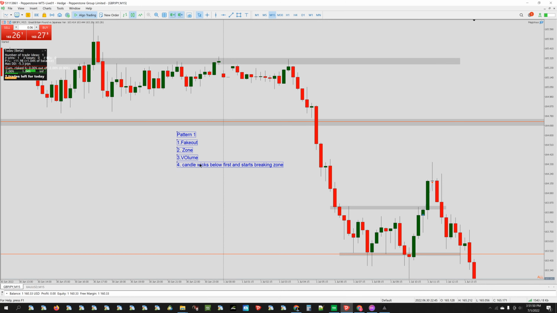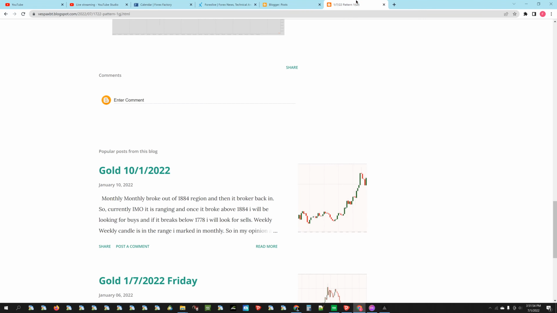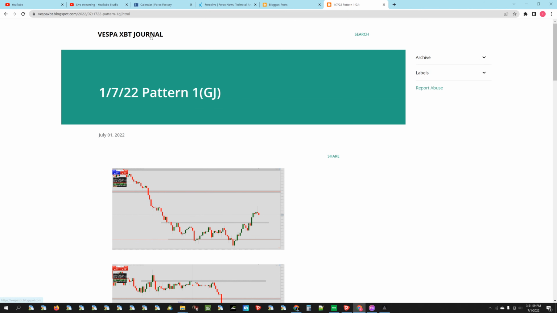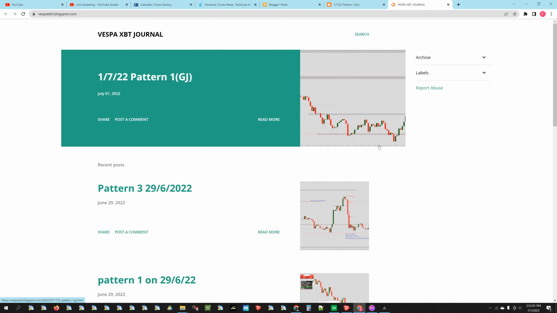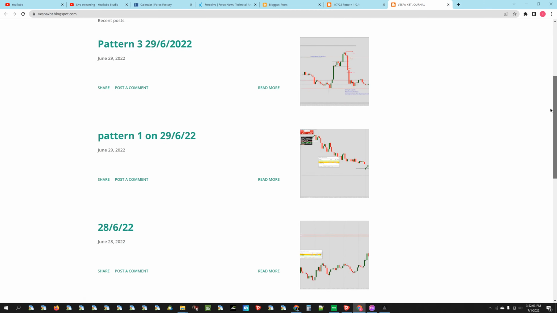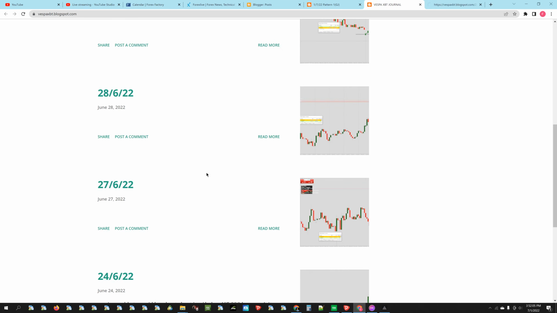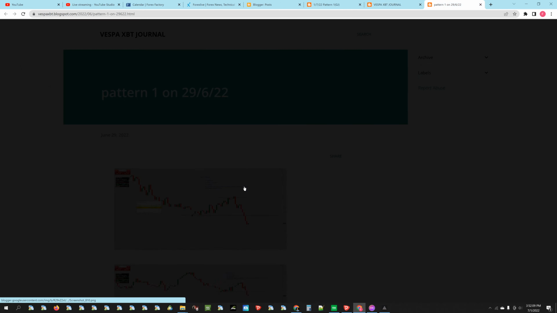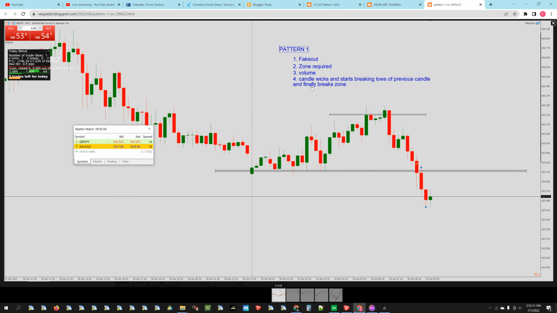If we look at our blog, let me find that post in which I have shown pattern 1. So this is what the 4 conditions in pattern 1 are.